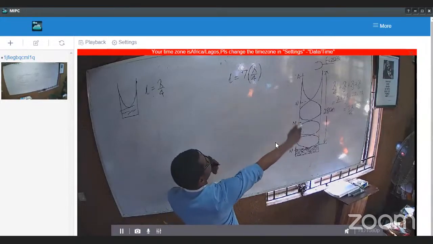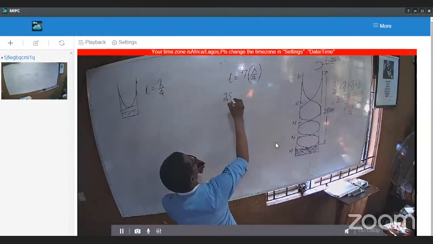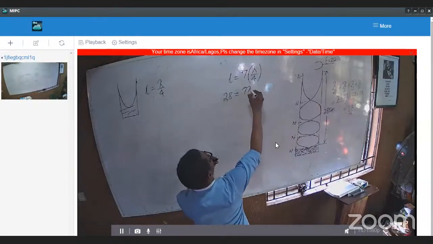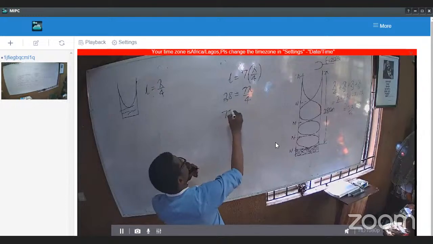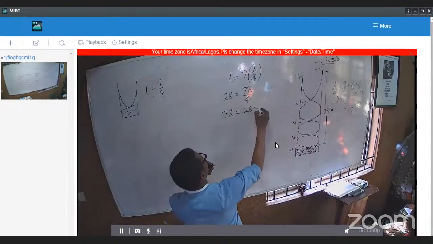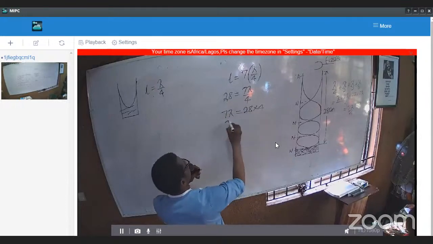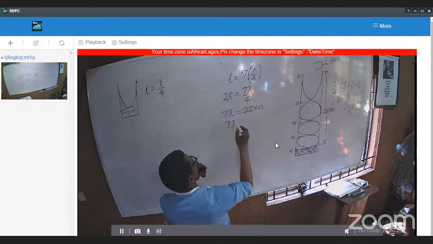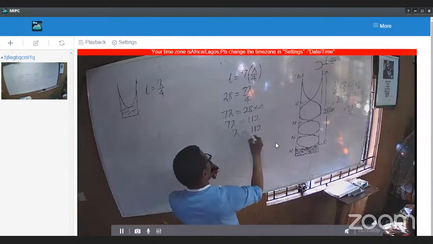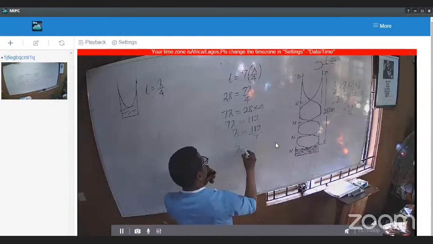What's your L in the question? 28 cm. You put 28 here. That will be 7λ over 4. 7λ will now be 28 times 4, which is 112. Our λ will now be 112 over 7. Calculator, what do you get? 16 cm.